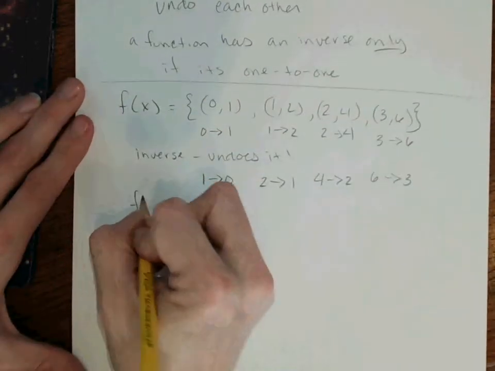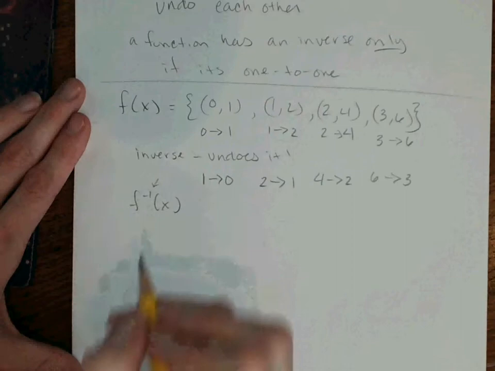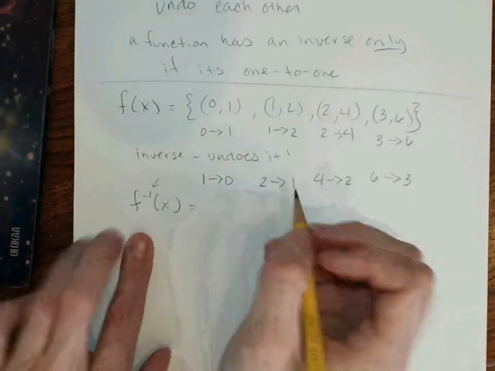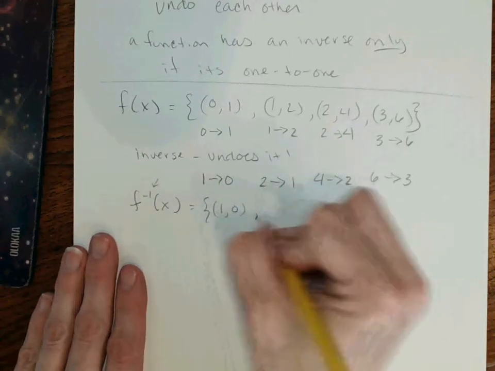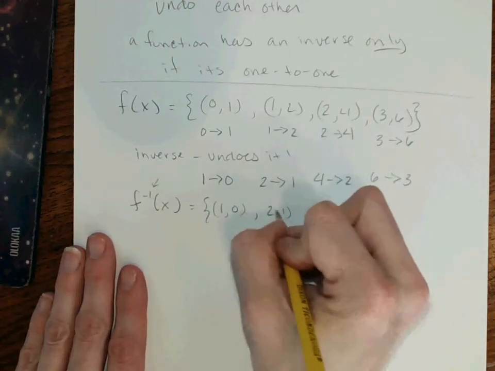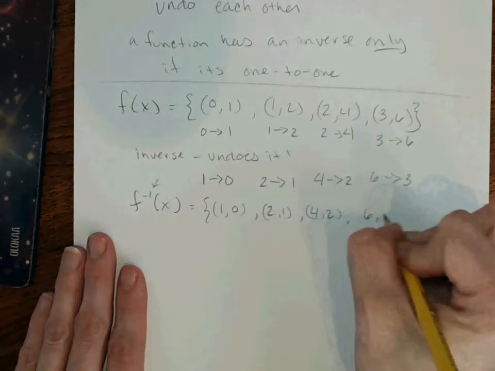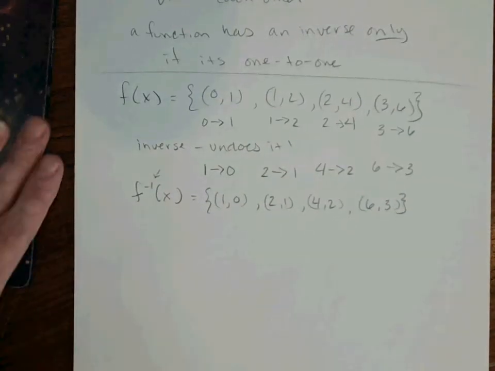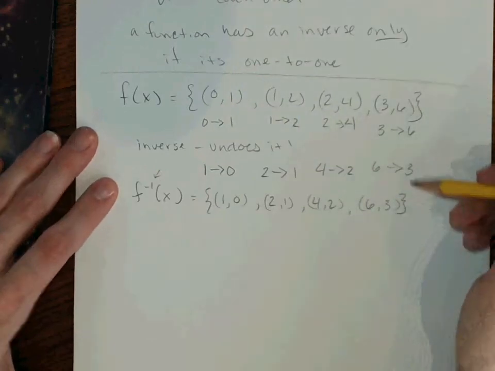The notation that we use is this little -1 here. So f to the -1, f inverse of x, is going to be this: (1,0), (2,1), (4,2), and (6,3). This is what the function looks like as its inverse.